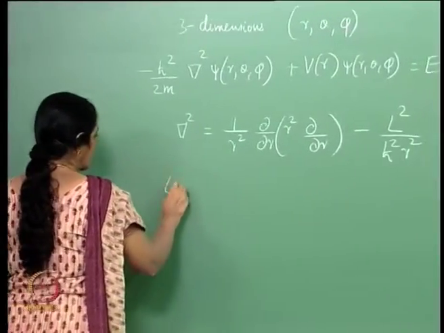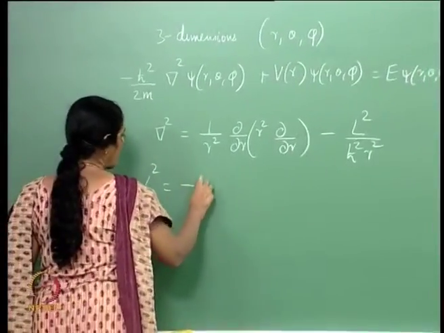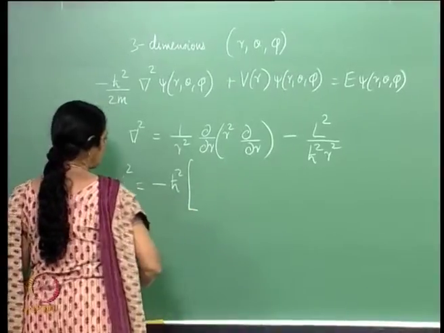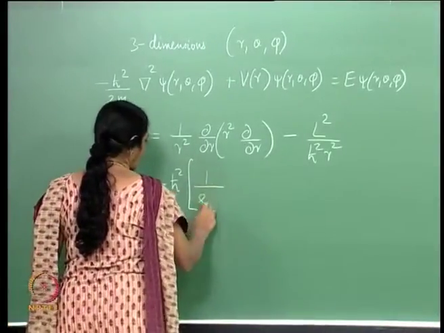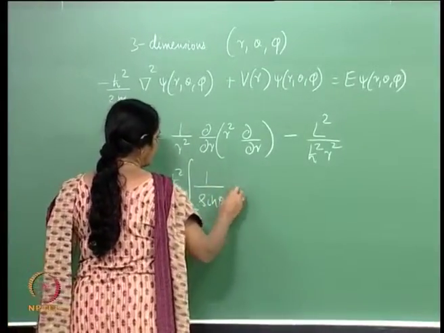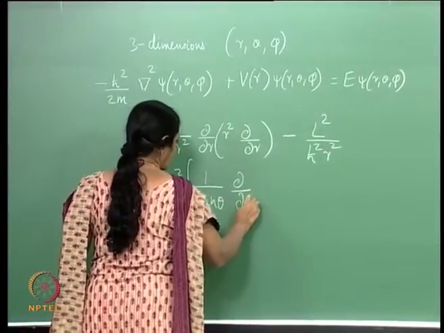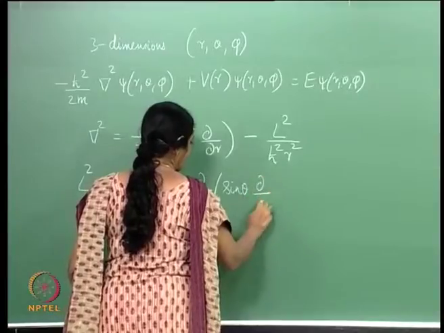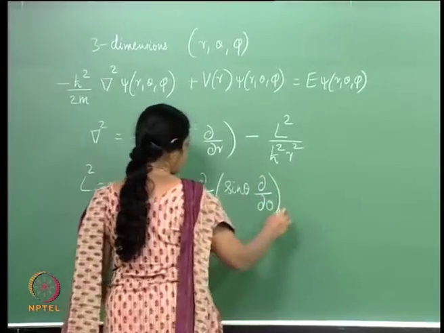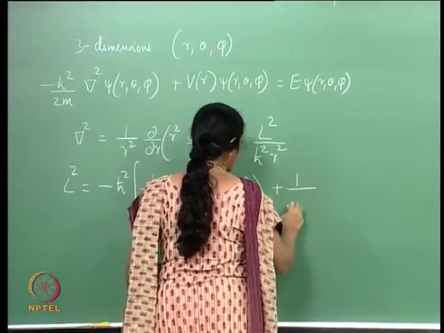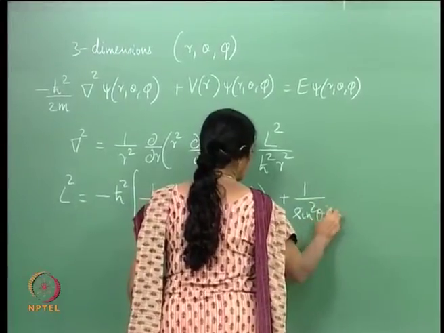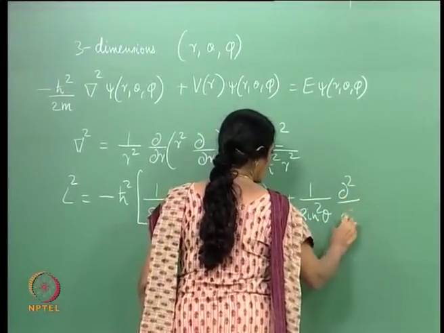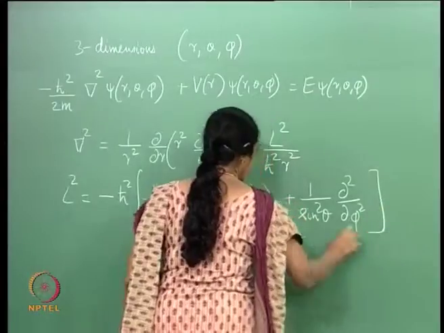So, that gave us L squared as minus h cross squared times 1 by sin theta delta by delta theta of sin theta delta by delta theta plus 1 by sin squared theta delta 2 by delta phi squared.